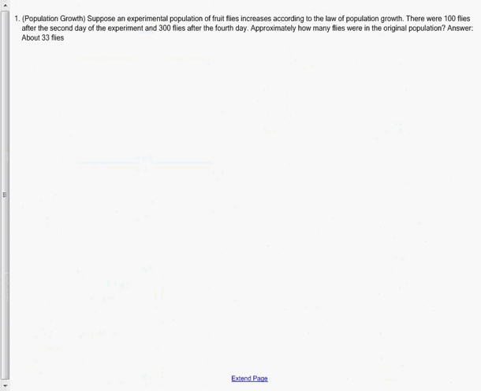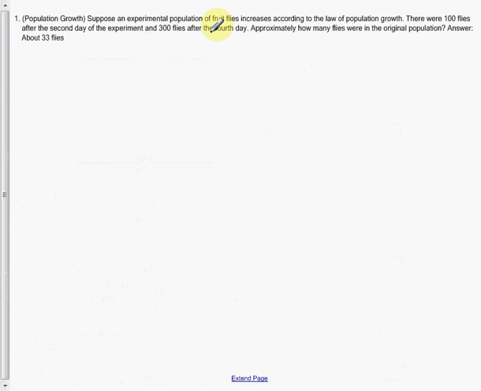So the first one, sorry about that print so small. Here it says suppose an experimental population of fruit flies increases according to the law of population growth. So they're giving us a hint in terms of what model we need to write first.